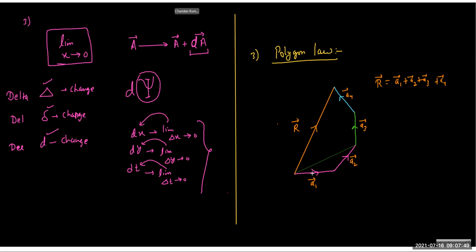I'm not saying a regular polygon, I'm just saying polygon. It could be any shape, any size, and it could be in any plane. I'm not restricting the plane. The triangle law always represents a plane, because with two vectors you can't have three dimensions. You can have only a plane.